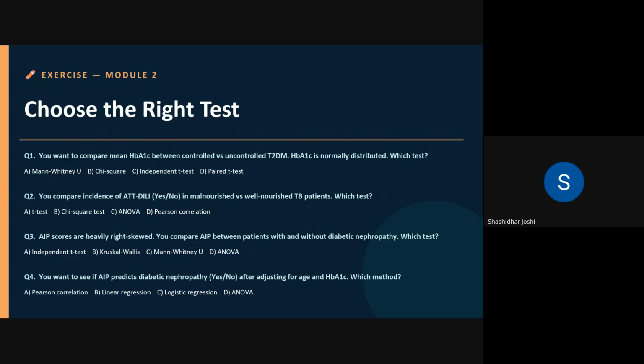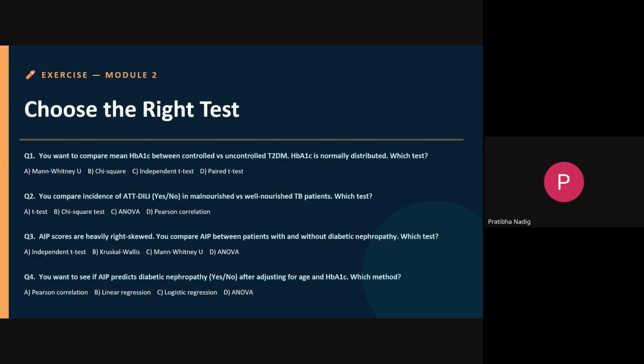Has anybody answered? No, they have not answered. You're comparing the incidence of anti-tuberculous drug-induced liver injury. I think we didn't discuss this question in much detail.